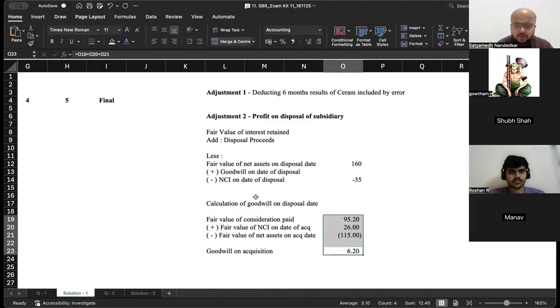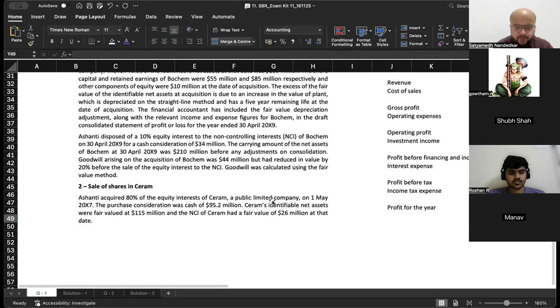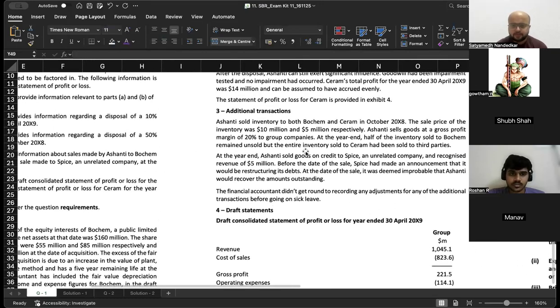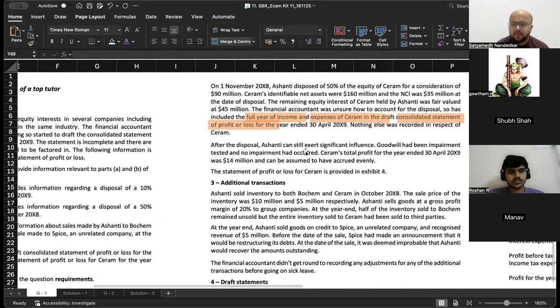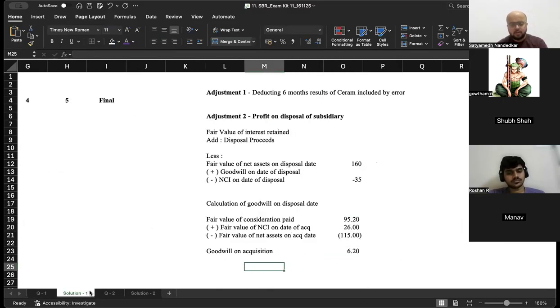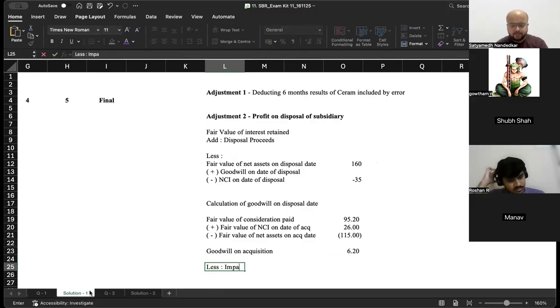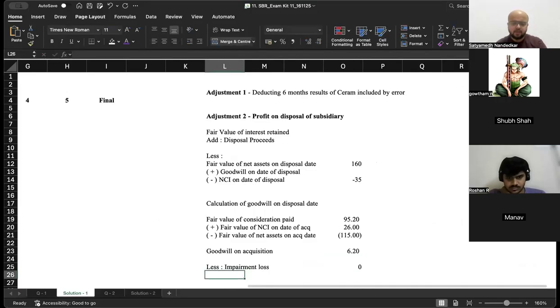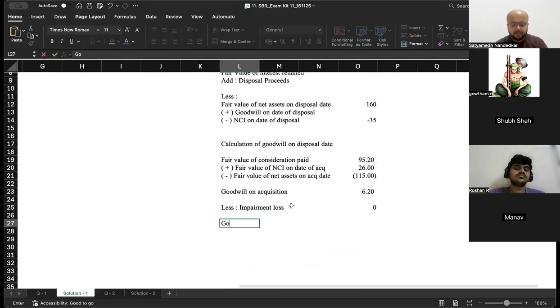Need to know if this goodwill was impaired ever. No impairment. There has been no impairment of goodwill, the last paragraph of the question says that. So less impairment loss 0. How much is left?